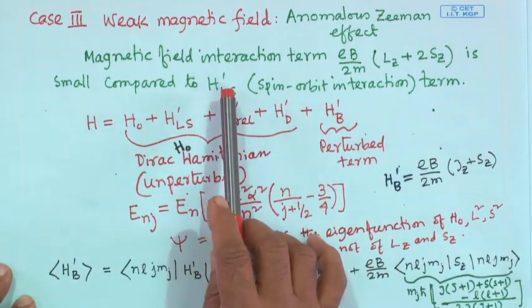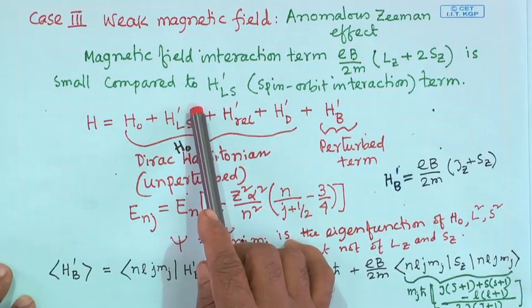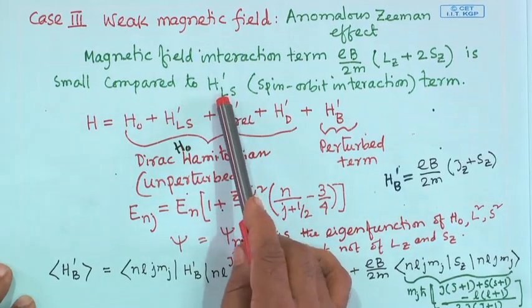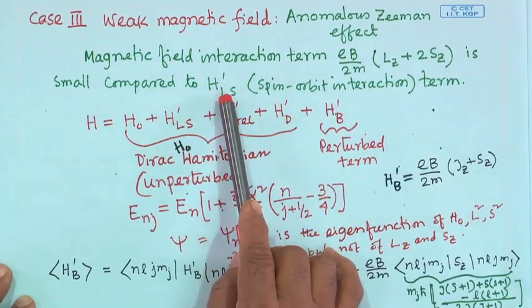In the case of the normal Zeeman effect, we have seen that the spin orbit interaction term is very small compared to the magnetic interaction term, so it can be neglected.